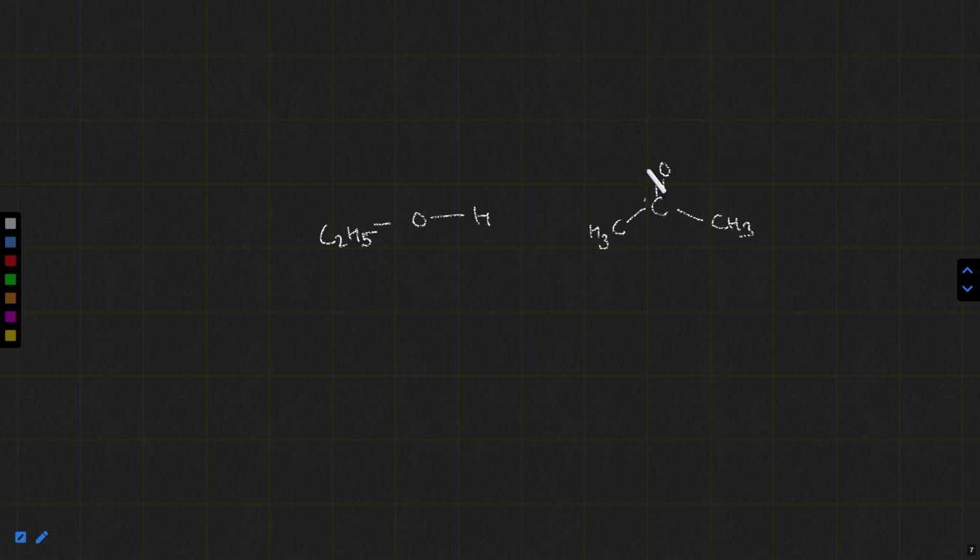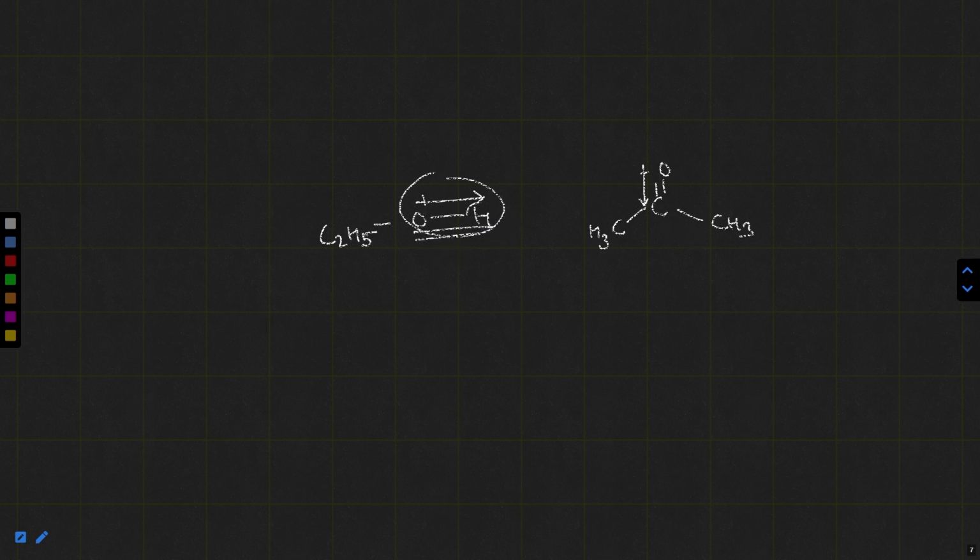It goes from negative to positive, and here it is also negative to positive, right? But if you see this bond, the dipole moment or the electronegativity difference or the bond polarity is reduced as compared to this one, because we have carbon and oxygen here, so they are comparably less. There is comparably less electronegativity difference as compared to this molecule.